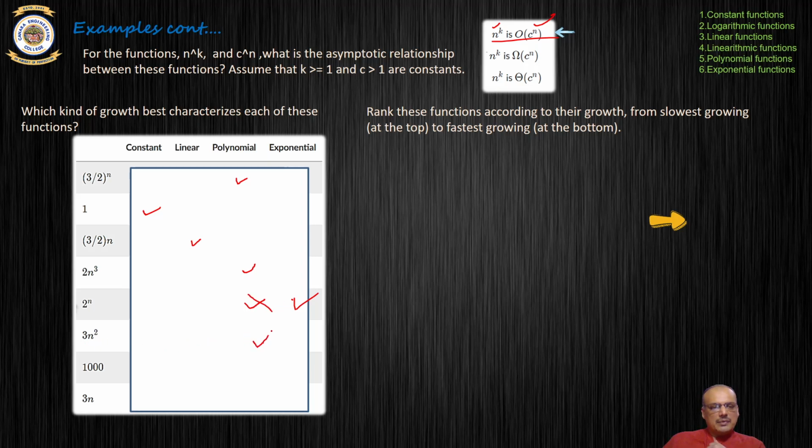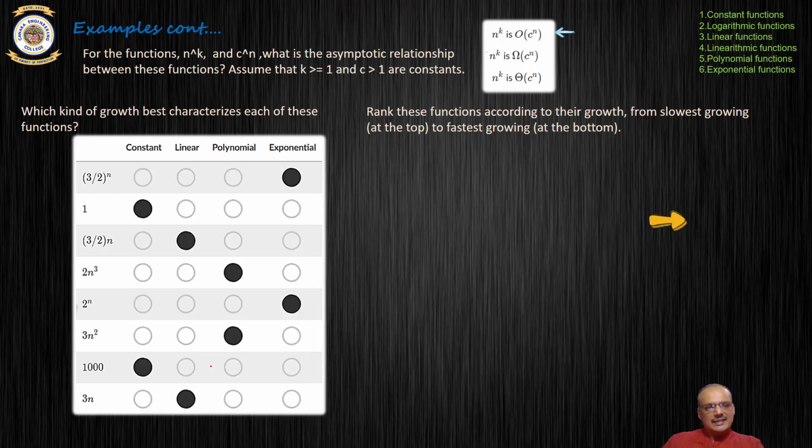This is a polynomial again. So this is linear and this is linear. Okay, just go through it. So this is constant and this is linear.